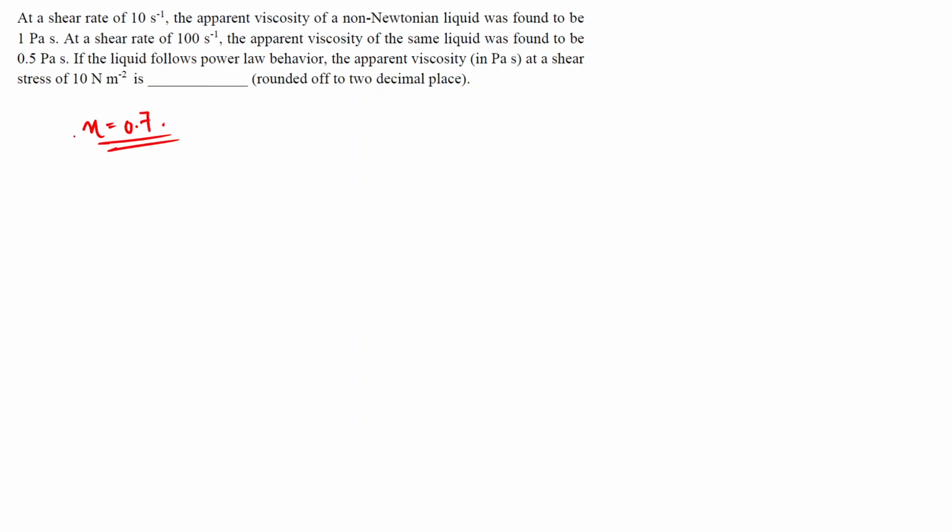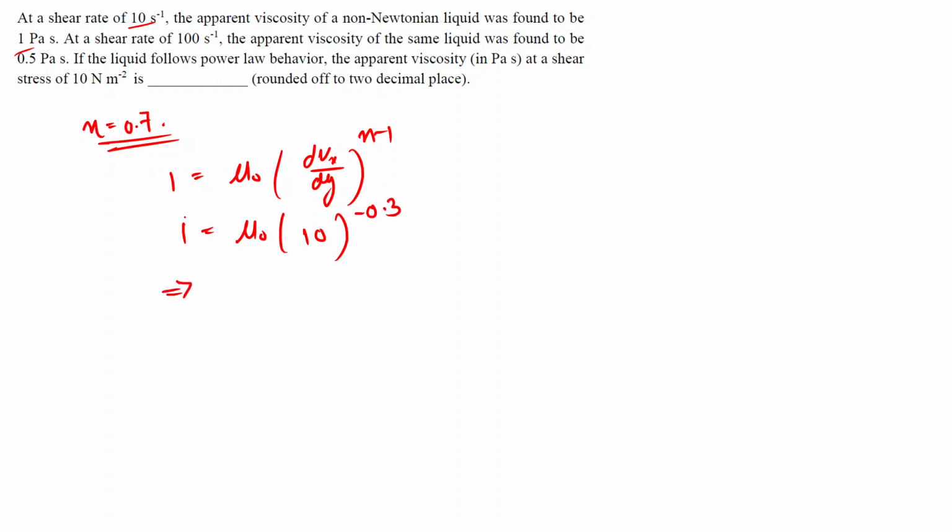Using either case 1 or case 2, we can find the next value, that is the value of mu naught. So over here, let's use the information from case 1, that is mu 1 Pascal second is equal to mu naught times dvx upon dvy raised to n minus 1. So 1 is equal to mu naught times the strain rate 10 raised to n minus 1, where n we found as 0.7, that is minus 0.3.